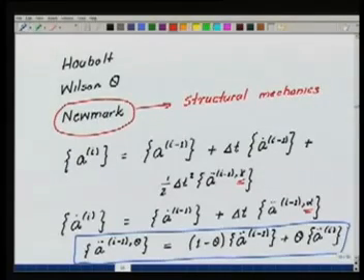So based on the choice of alpha and gamma, I will get different families of the Newmark scheme.